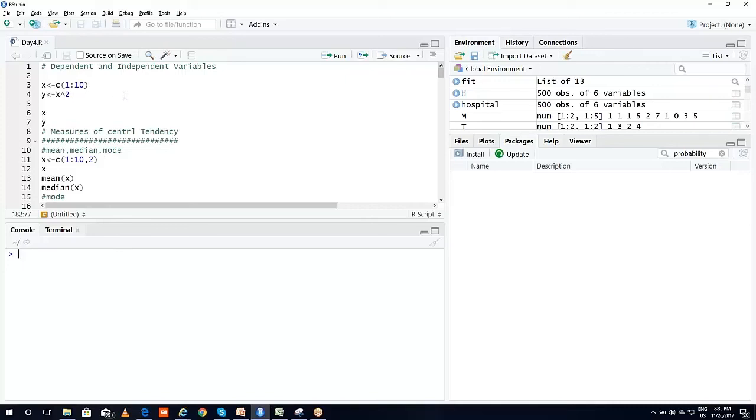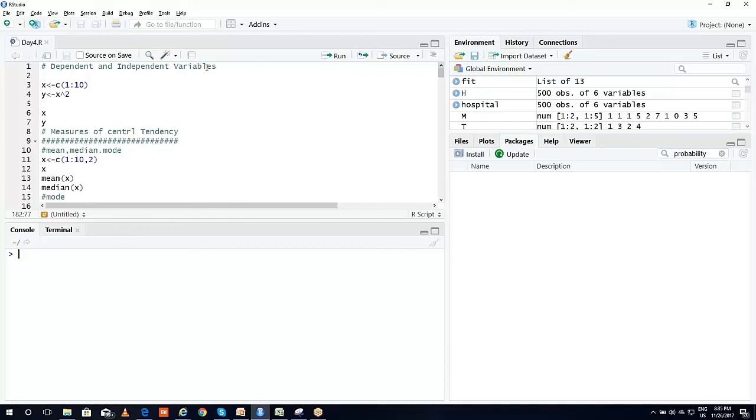So what is the dependent variable here and what is the independent variable? There are two variables, x and y. Y is dependent on x, because there is an inbuilt formula here. So this is a mathematical example of what a dependent and independent variable is.